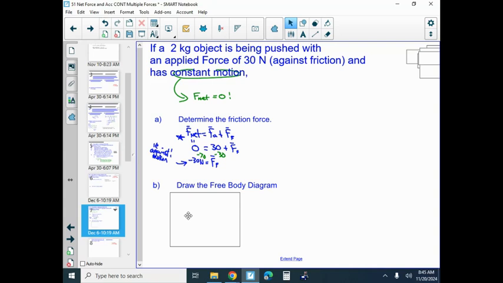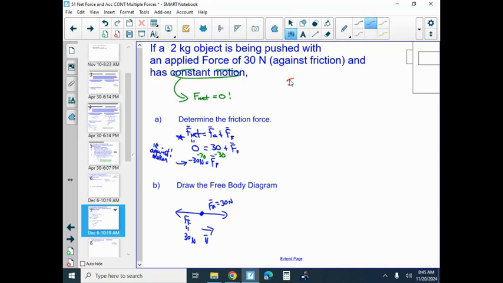So it makes more sense to ask afterwards, because then you have the actual values. But there would have been intuition here as well if I had asked for it first. If part A was to draw a free body diagram, that would require you to notice this constant motion, net force is 0 idea.